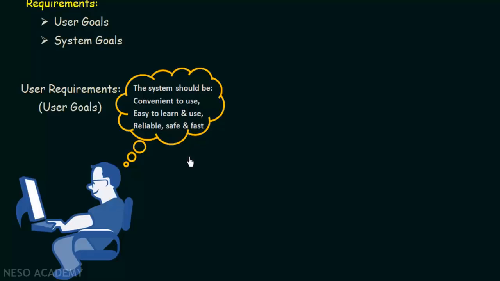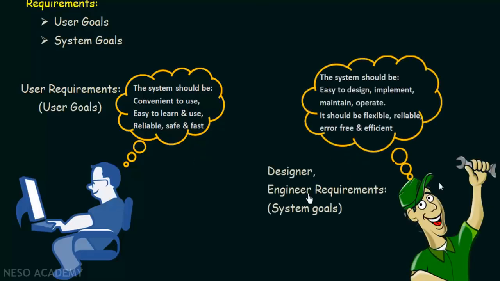We call them the designers' or engineers' requirements, or the system goals. In the system goals, the designer wants the system to be easy to design and implement, maintain and operate, and it should be flexible, reliable, error-free and efficient.